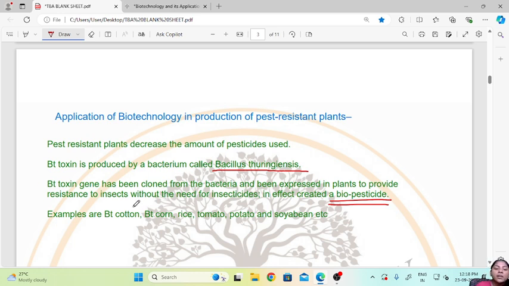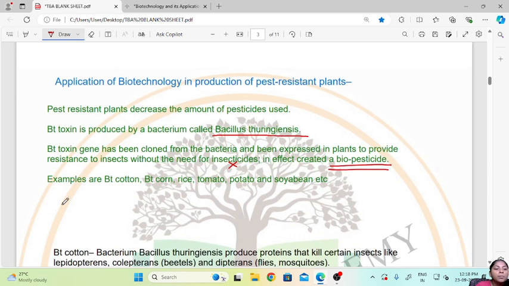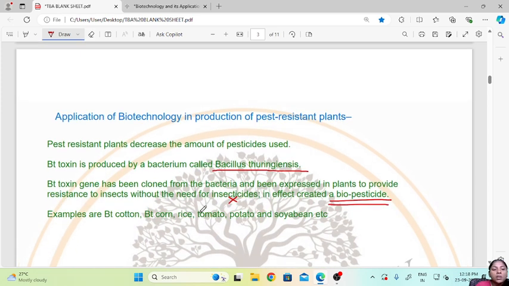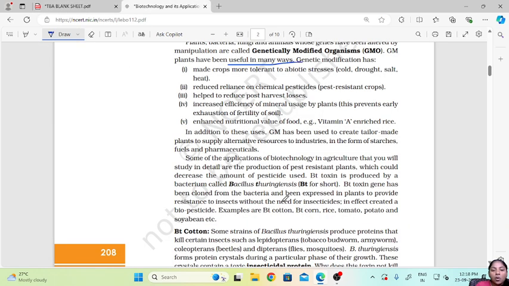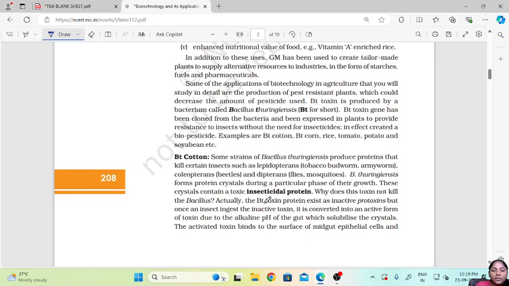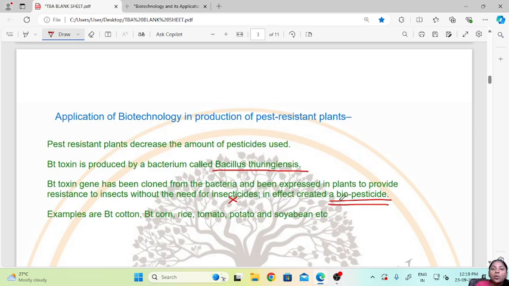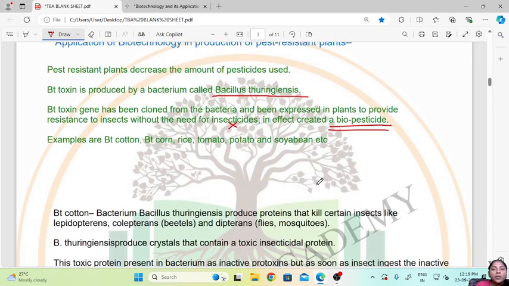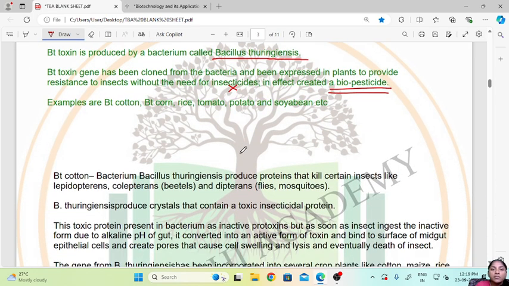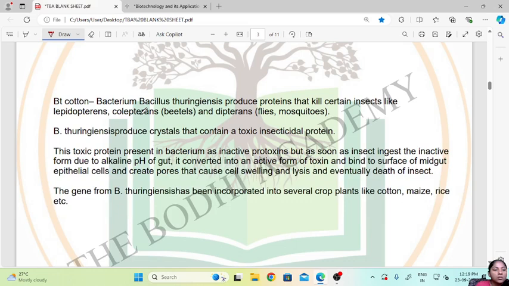That is why there is no need for any insecticide. For example, Bt cotton, Bt corn, rice, tomato, potato and soybean. Many crops have been genetically modified with this Bt toxin so that they have become biopesticides, and there is no need to add more pesticides when these varieties are grown.